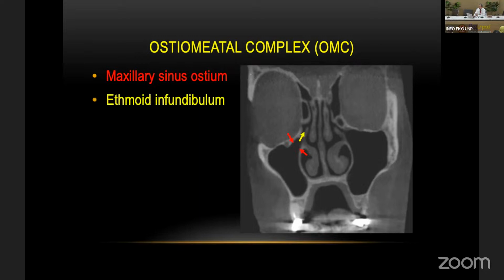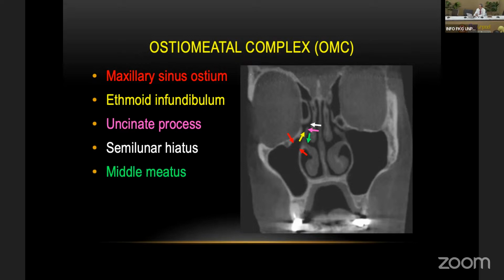This is the infundibulum of the ethmoid bone, and medial to the infundibulum, you can see the bony structure we talked about. It's the uncinate process, and the next one is the semilunar hiatus, the opening between the sinus and the middle meatus. So that's the middle meatus.